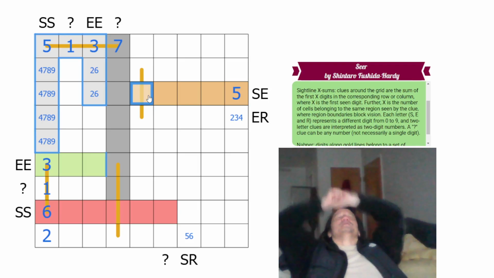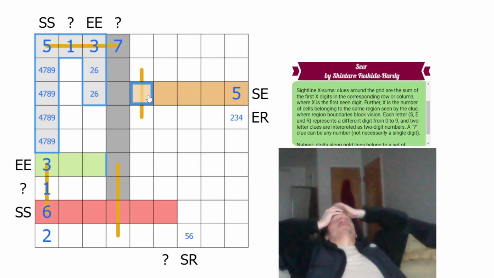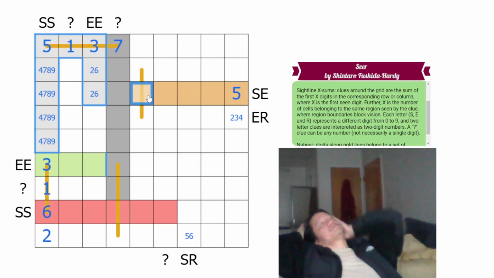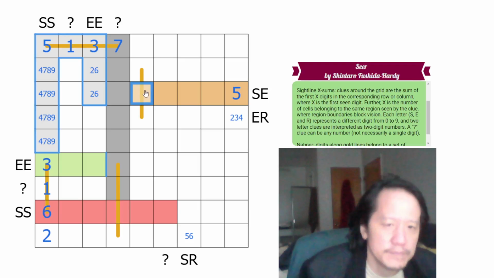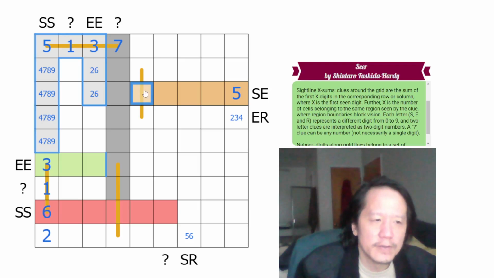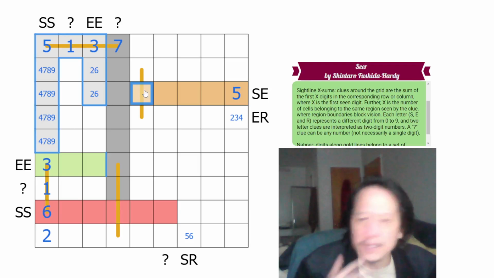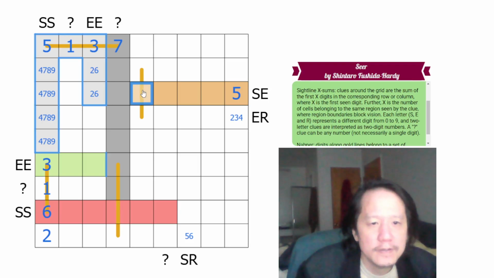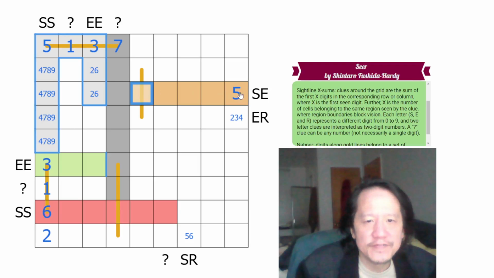That means the other 4 digits must add up to 26. Well, that could be 2789. It could be 3689. Oh wait, it needs a 5. Oh yeah, yeah, yeah.